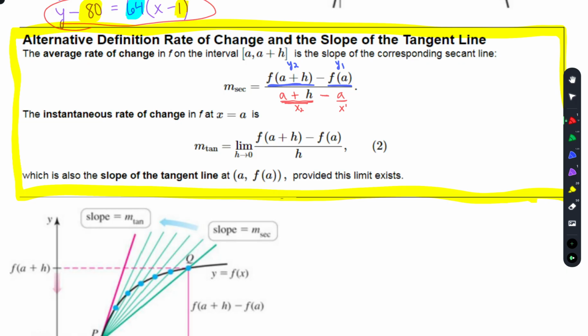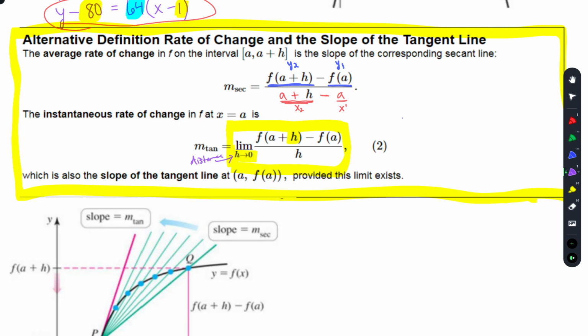Instantaneous is the same thing now, but instead what they're doing is they're talking about the distance getting close to 0. Like they want that second point to be really, really close to a, approaching 0. So think of h as being like a distance. Okay, so it's distance from the tangent line.